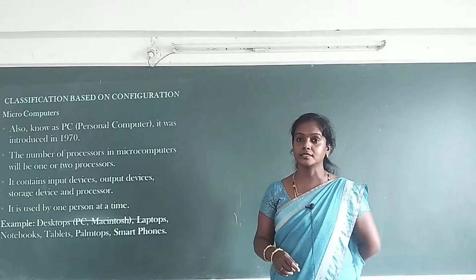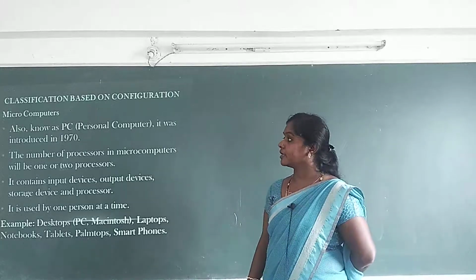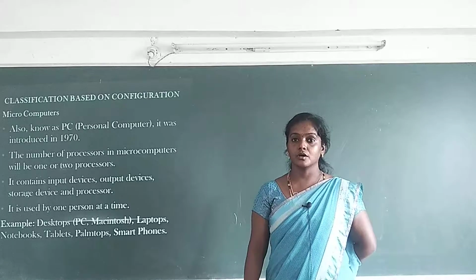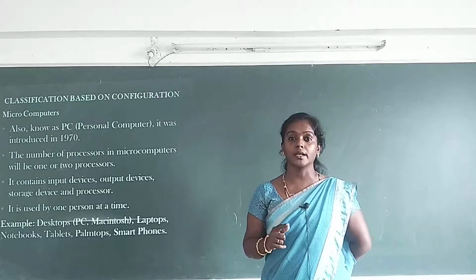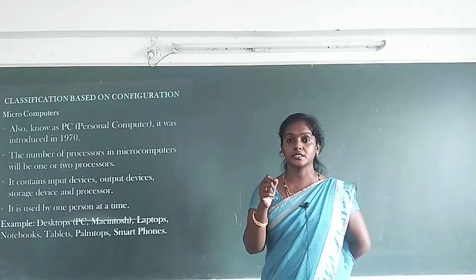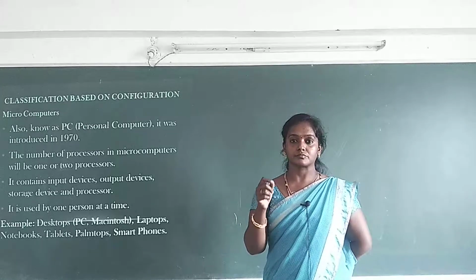The first one is the microcomputer. Microcomputer is also known as a personal computer. It contains only one processor. What is this processor? I have told you, CPU, central processing unit.